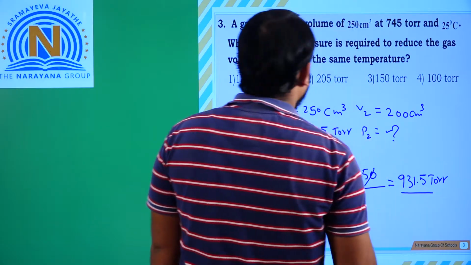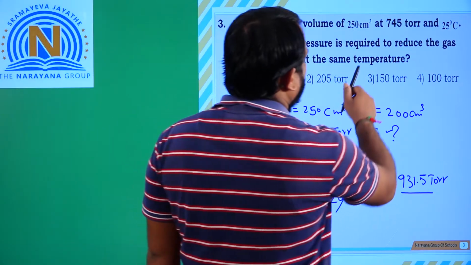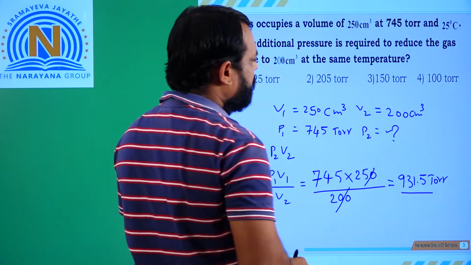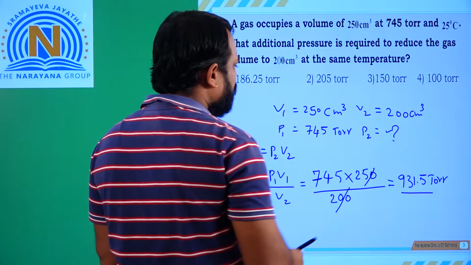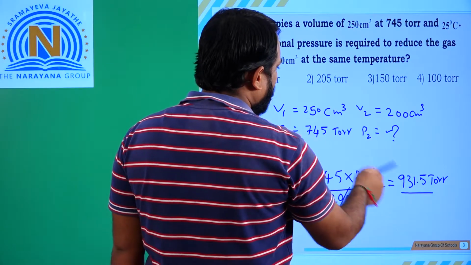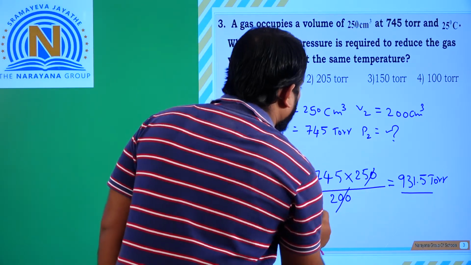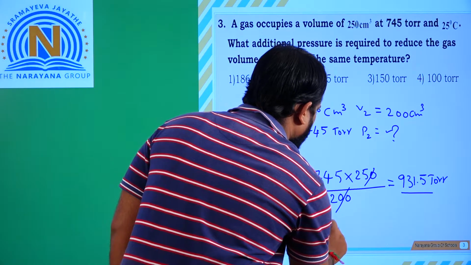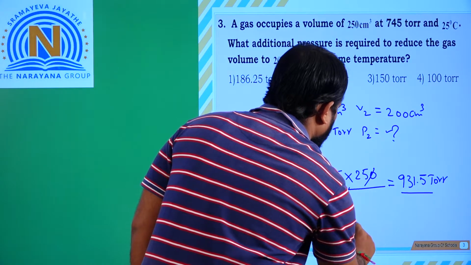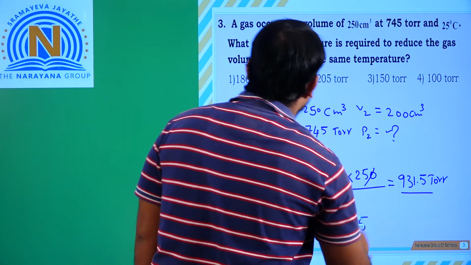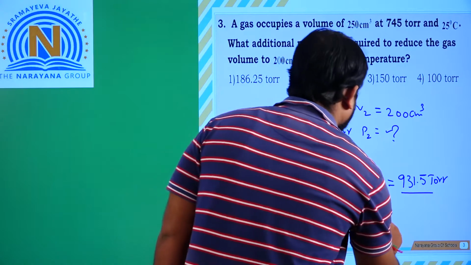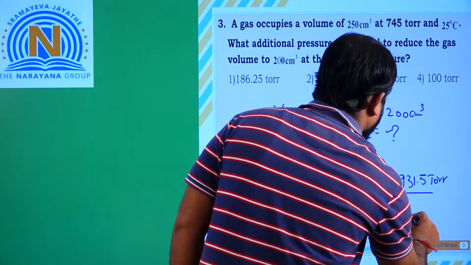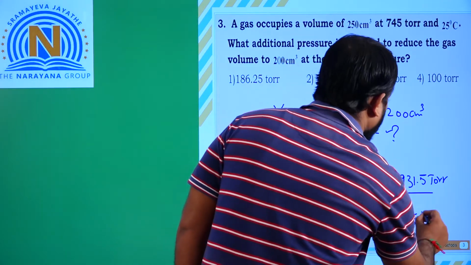So what is the question? How much pressure is required to reduce the gas to a volume of 200 centimeter cube? The initial pressure is 745 and P2 is 931.5, so the difference is 931.5 minus 745, which gives 186.25 torr.